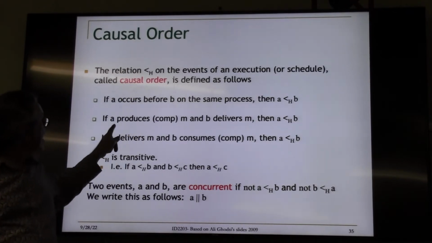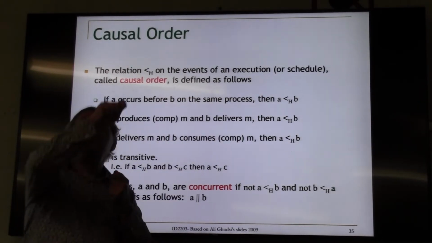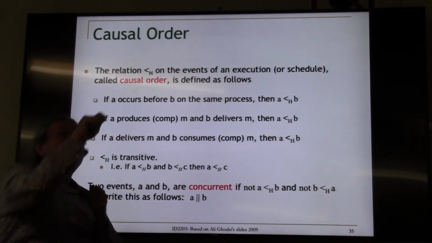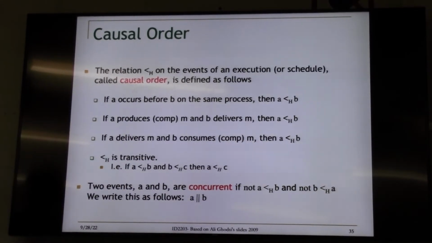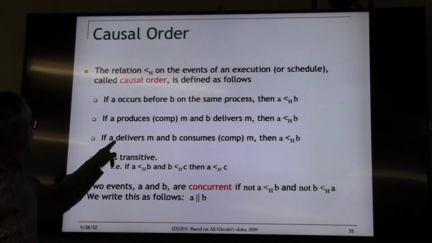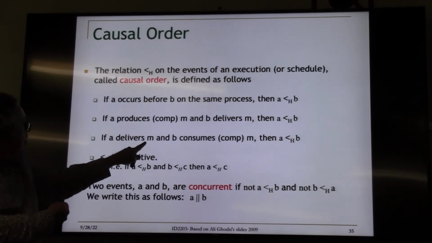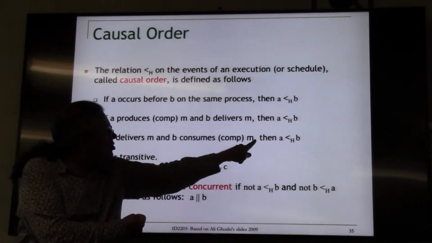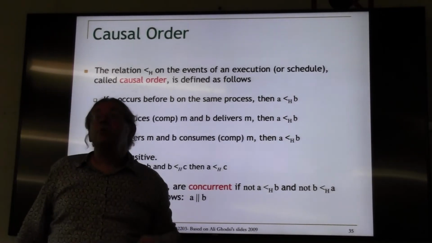So in this case, A is like doing a send, and B is like the receive, right? Where the message appears on the other node. Then A is happening before B. Okay? And in the opposite case, if A delivers M, so the M arrives, and B is a computation that uses M, then again A happens before B.